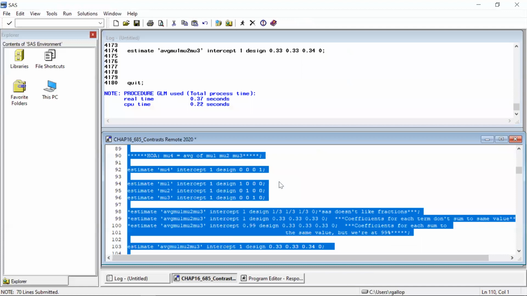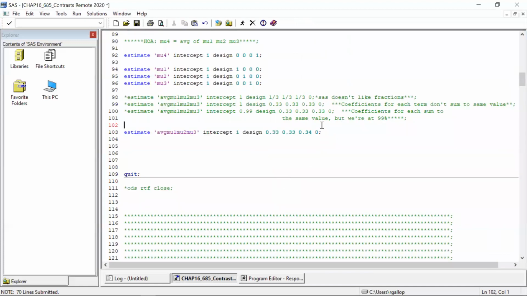And the reason it's yes, but no is, who are we to put bigger weight on group 3? You know, by us putting 0.34, we're basically putting weightings. So we're weighting design 1, 33% in this estimate. Design 2, 33%. Design 3, 34%.